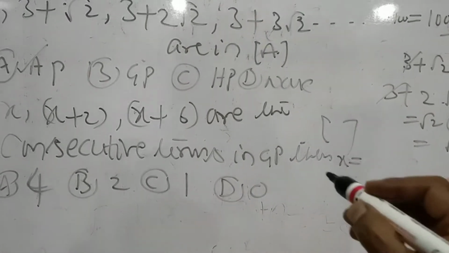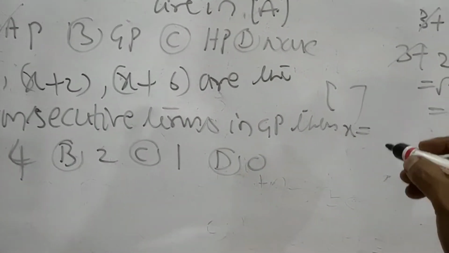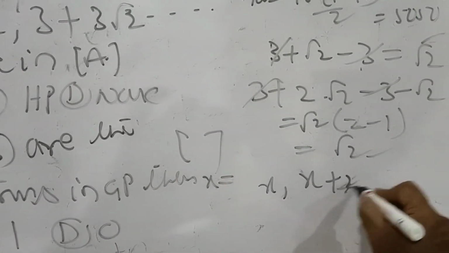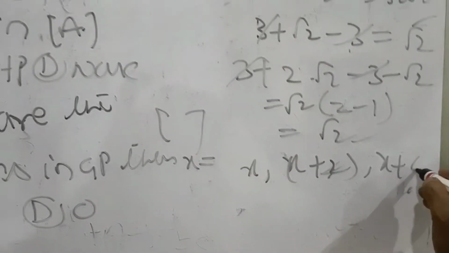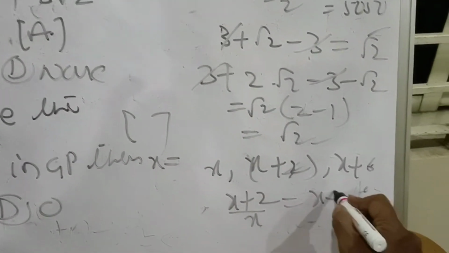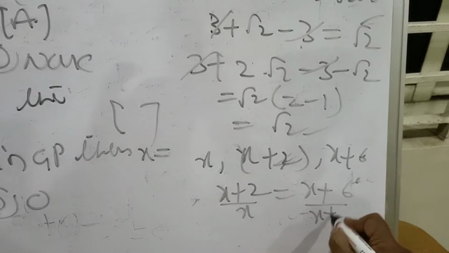If x, x plus 2 and x plus 6 are consecutive terms of a GP, then x is equal to? x, x plus 2, x plus 6 are in GP. So a2 by a1 is equal to a3 by a2. (x plus 2) by x is equal to (x plus 6) by (x plus 2).